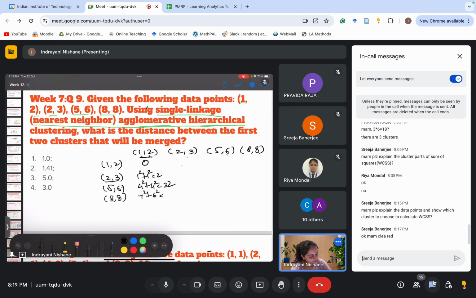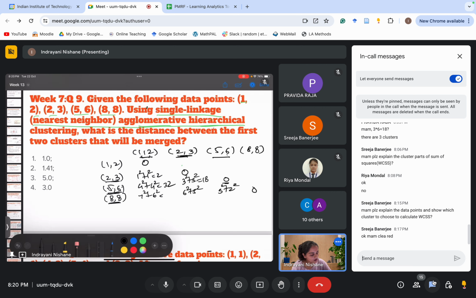Now the distance between 2, 3 and 2, 3 is 0. The distance between 5, 8 and 2, 3 is 3 square plus 3 square, 18. Between 5, 8 and 5, 8 the distance is 0. Now coming to the distance between 8, 8 and 2, 3, 6 square plus 5 square, and here it is 3 square plus 2 square and 0.